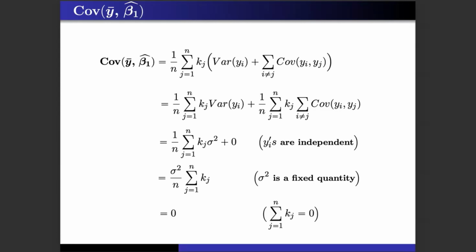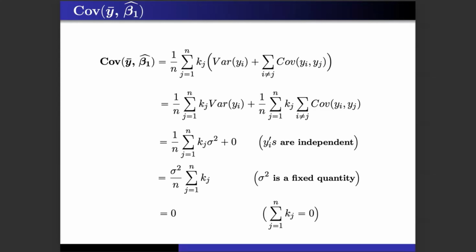And we further proved two other properties of kj, that is summation kj is equal to 0 and summation kj xj is equal to 1. So here we use the fact that summation kj is equal to 0 and we get covariance between y bar and beta 1 hat is equal to 0. So we have used a lot of properties of covariance in obtaining this value.